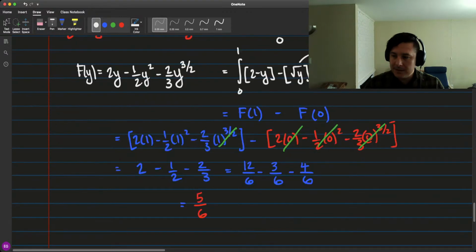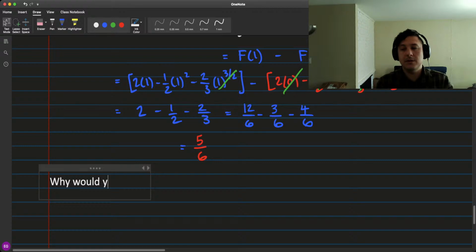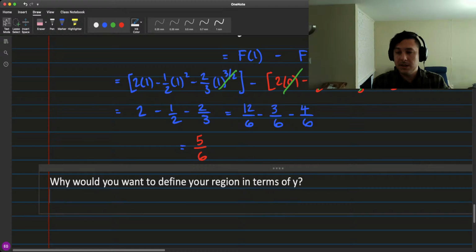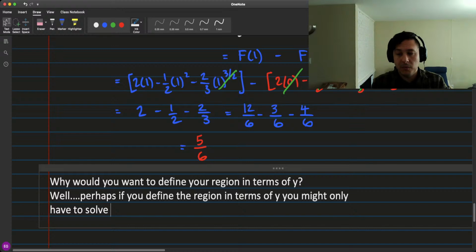So let's write some notes here. Why would you want to define your region in terms of y? Well, perhaps if you define the region in terms of y, you might only have to solve one integral instead of 2.